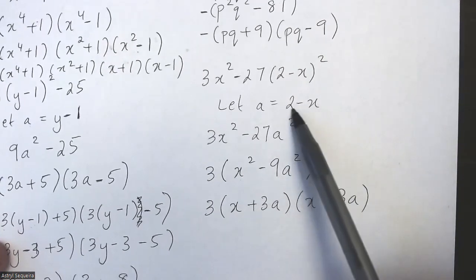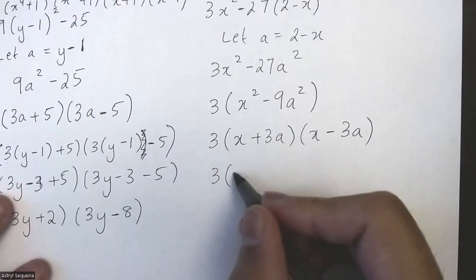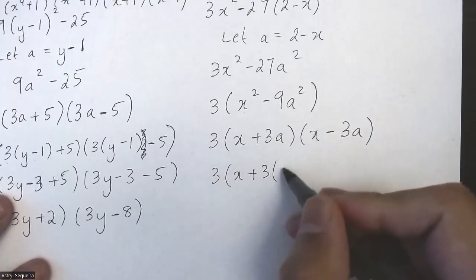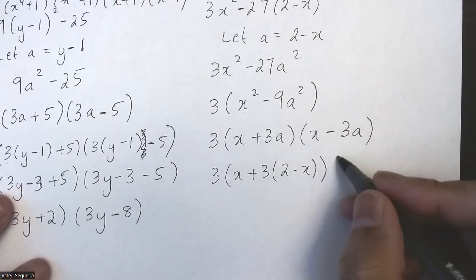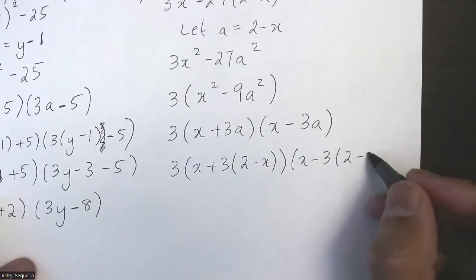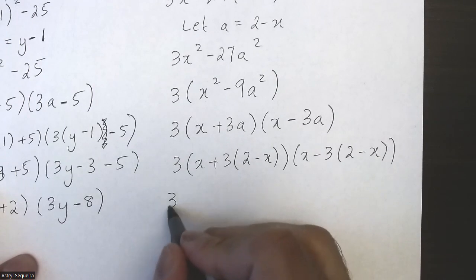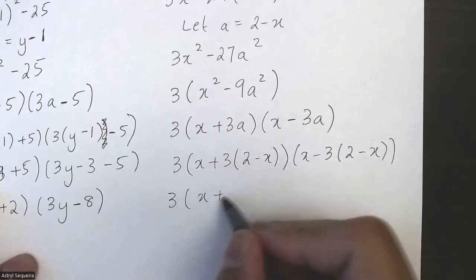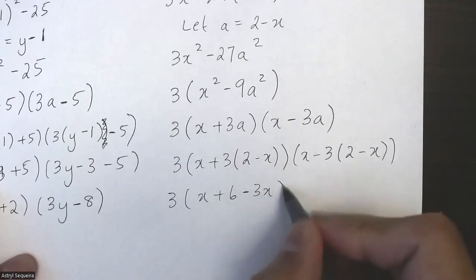Then I need to come back and sub in the a as 2 minus x. x plus 3 times 2 minus x, and x minus 3 times 2 minus x. I'll get rid of my internal brackets next. x plus 6 minus 3x.